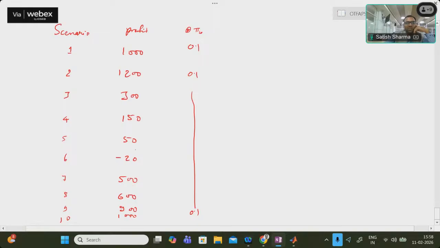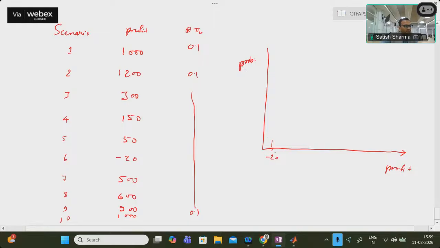By looking at these profits, the probabilities are the same. Now if I draw this function, instead of this, if I plot some cumulative probability, so profit is here and some probability is here, and these are randomly created. So I can say that I have some minus 20, and this minus 20 has the probability of 0.1.